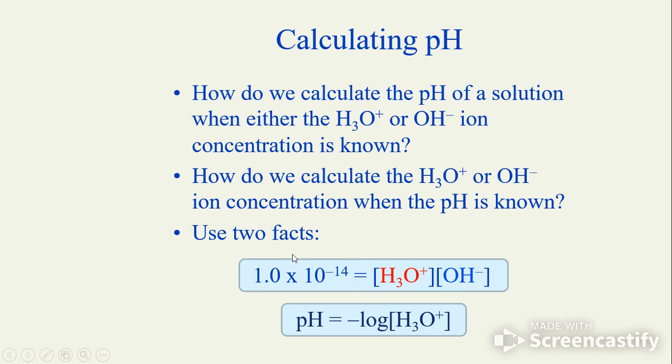And we apply these equations here. That is, if you know the OH of the solution, you can always calculate the hydronium, because the product of these two equals this number here. And from the hydronium ion concentration, you obtain the pH of the solution.